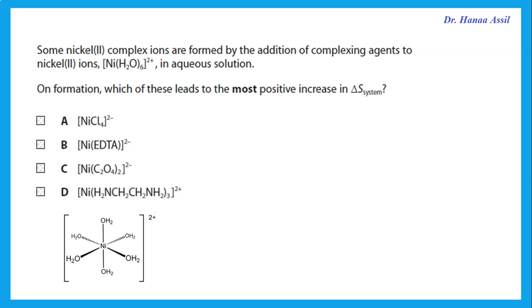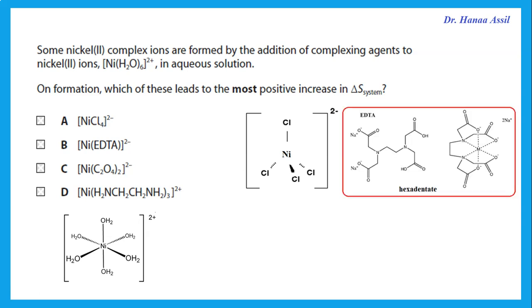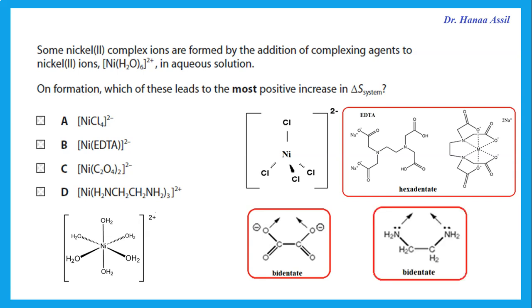So if I'm starting with nickel water 6, now I want to replace it by 4 chlorides or by hexadentate ligand or bidentate ligand.